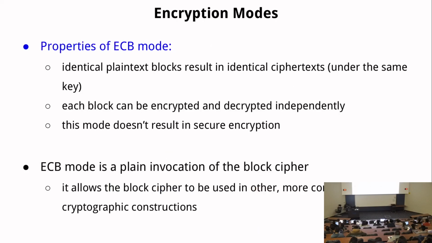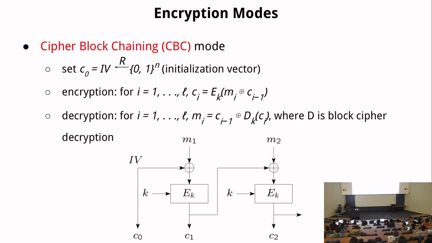Then we have the cipher block chaining mode, or CBC mode. In this mode, we have another random number we call IV, or initialization vector. IV is not really a secret, but it has to be random. IV itself doesn't have to be encrypted.